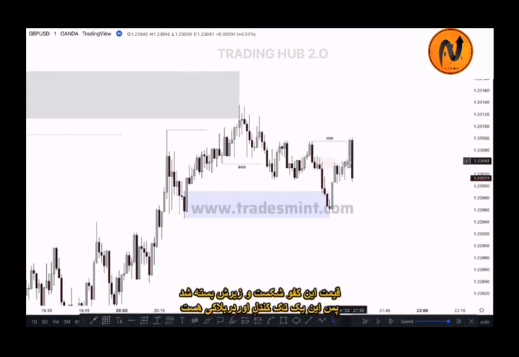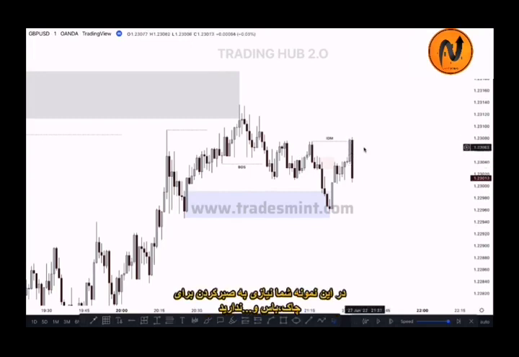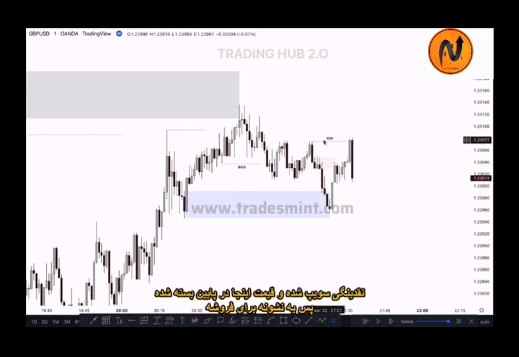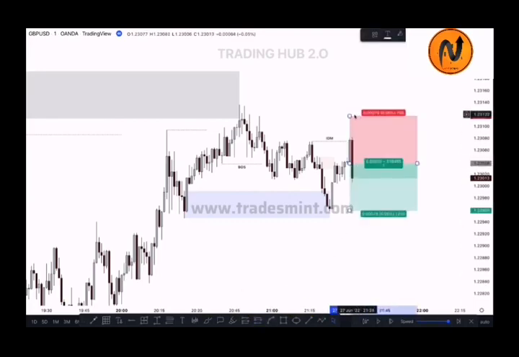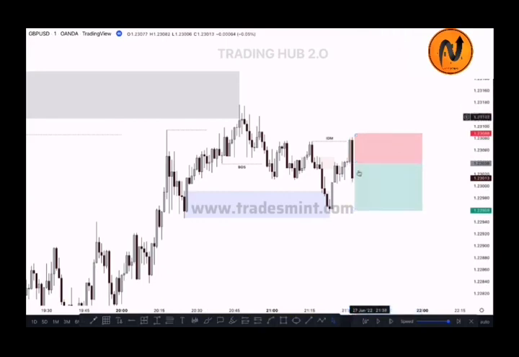Market breaks this low, okay, and closes below it. So this is a single candle order block, correct? In this case, you don't need to wait for CHoCH or BOS, anything. Liquidity has been swept, taken out, and closed below it. So this is an indication for the sell. We can take entry for the sell. Okay, so here.